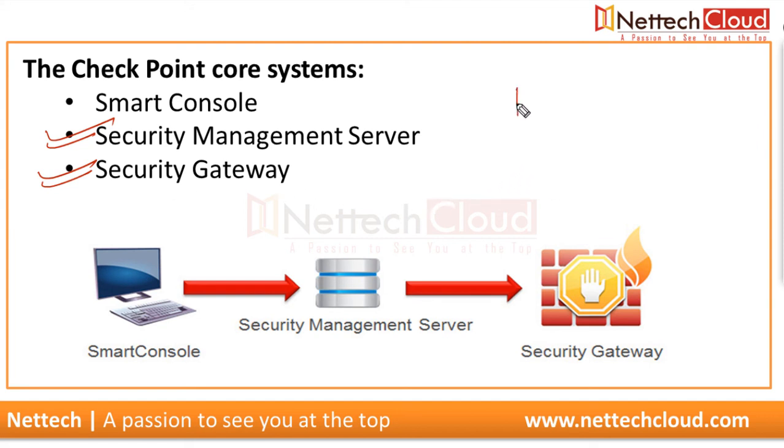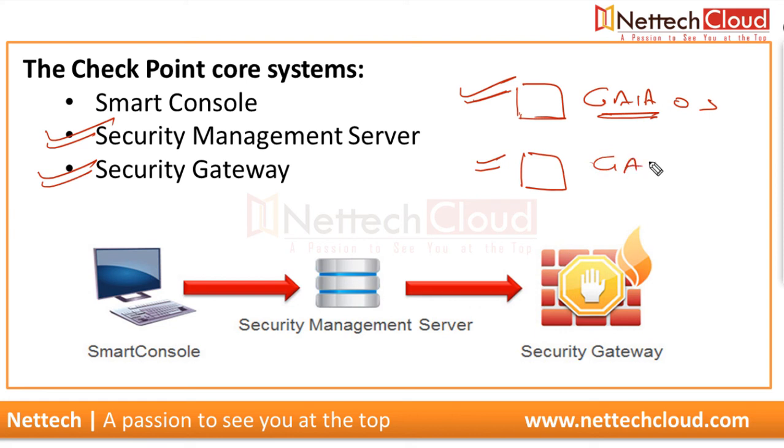So what you need to do, first you'll have to install the Gaia operating system on the virtual machine, and I will show you in the lab how to install it, because I'll be starting from scratch, from the very basics. I will show you all the installation and initial configuration. Then of course there should be another virtual machine with the same operating system, Gaia OS.